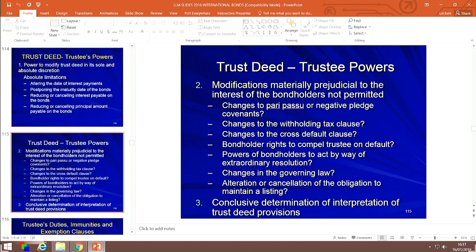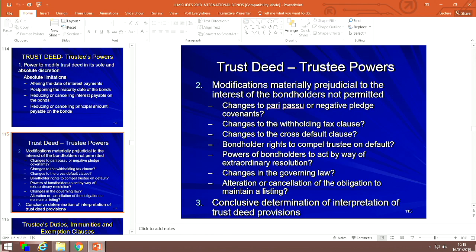The next category of no, you can't do this is a general qualification to the trustee's power to amend the trust deed, which says you will not make any modification to the trust deed or the bond instrument which is materially prejudicial to the interest of the bondholders. Now, it is as wide as that. There is no quantification, no specification as to what constitutes materially prejudicial.